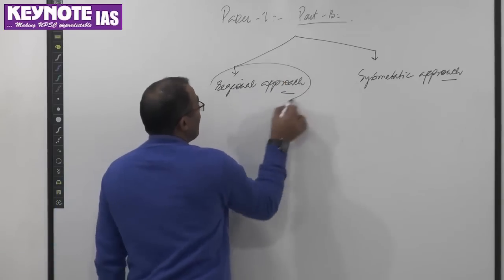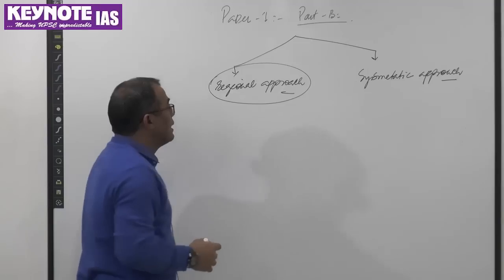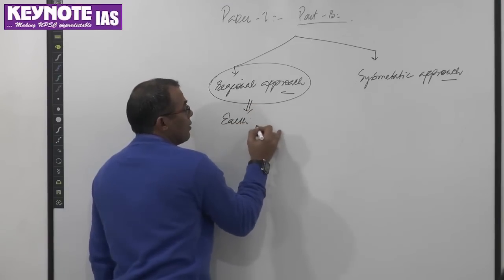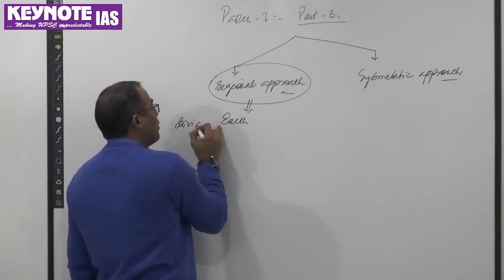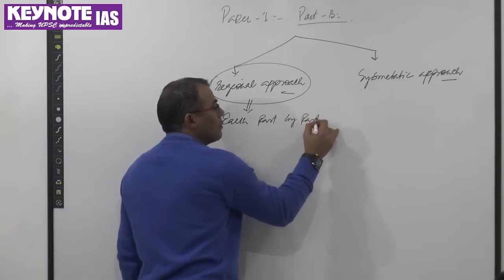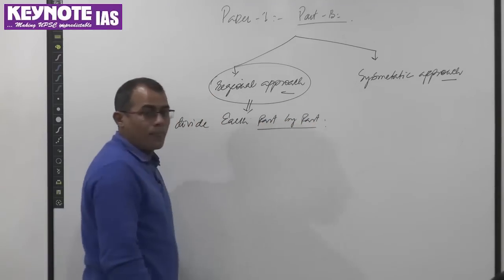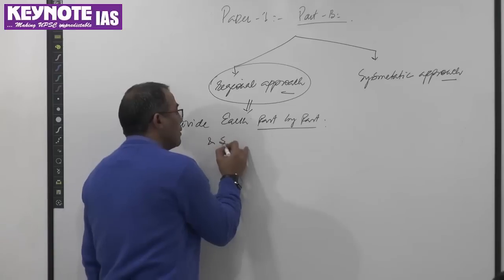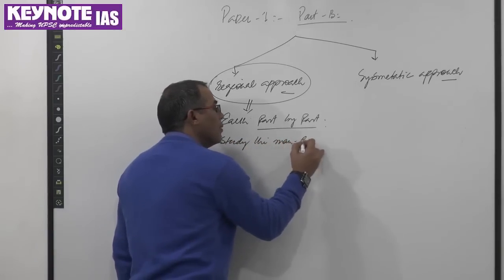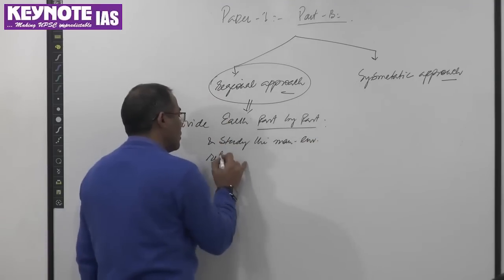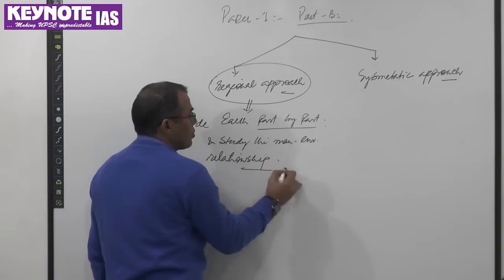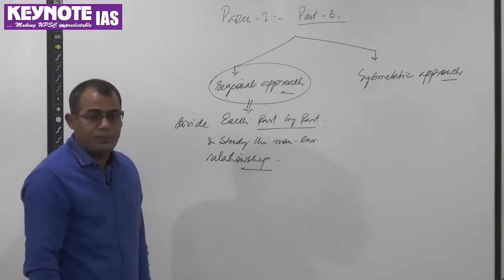What do you mean by regional approach? Regional approach is when you divide the Earth part by part and study the man-environment relationship.